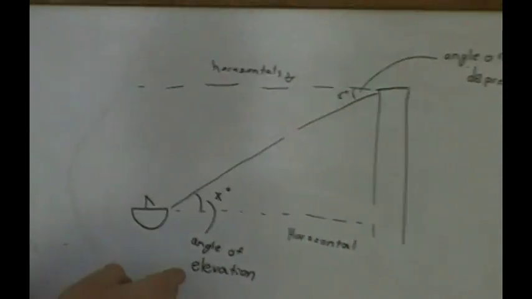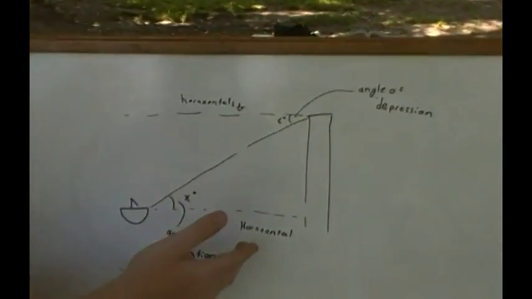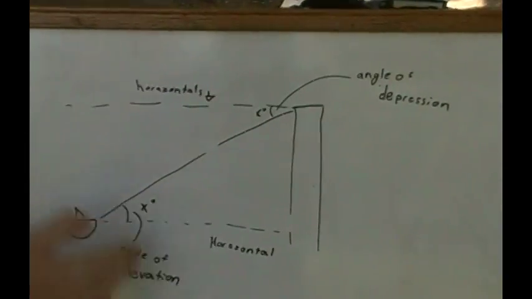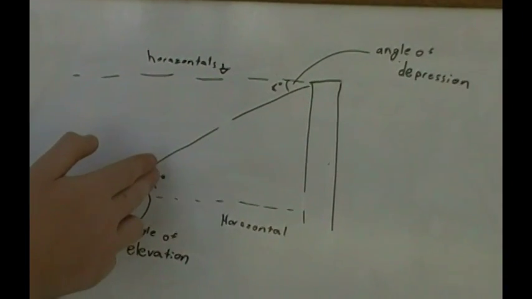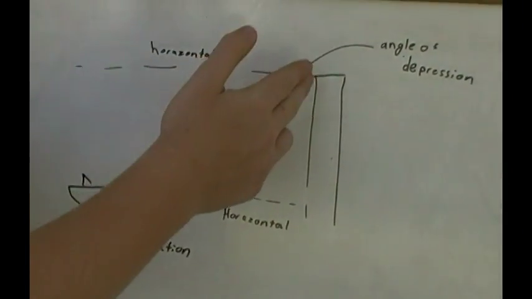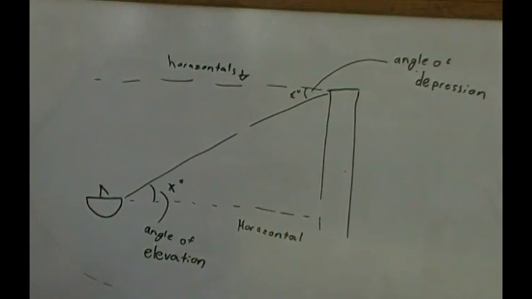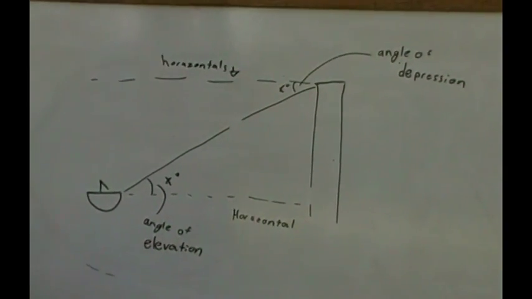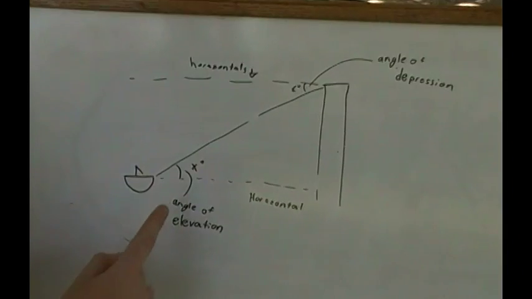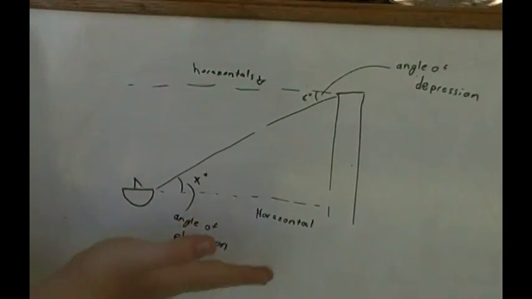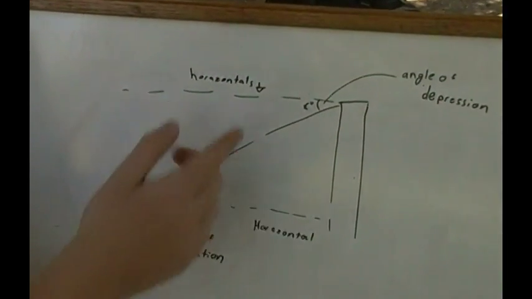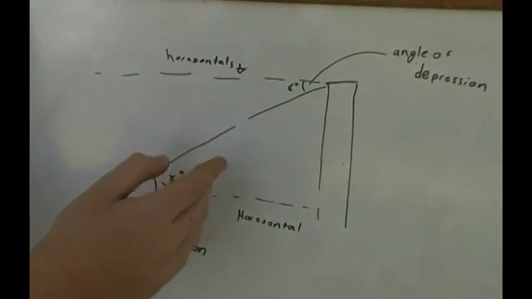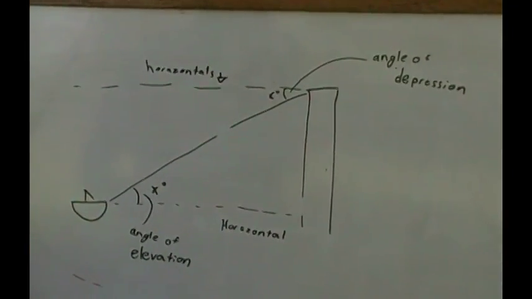And from the boat, this horizontal line and this horizontal line, this angle X is how far the boat has to look up to see the lighthouse. And this is called the angle of elevation because it's looking up from the horizontal line. And this is called the angle of depression because it's looking down from the horizontal line.